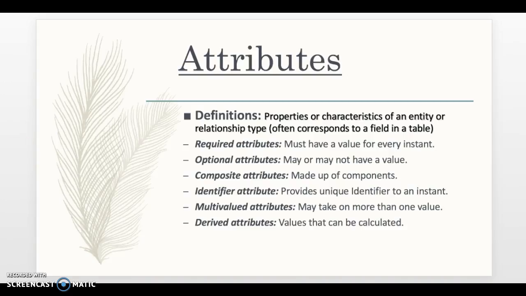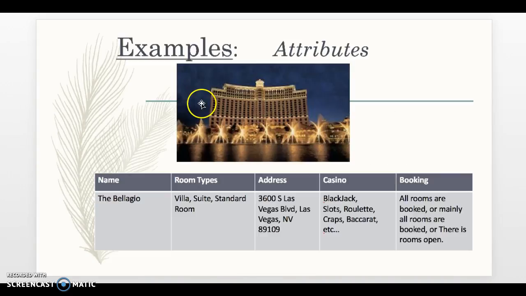All right, so let's go into an example, and let's take the Bellagio again. This is our entity instance, and the required attribute would be the name. The optional attribute is the room type: villa, suite, standard room.